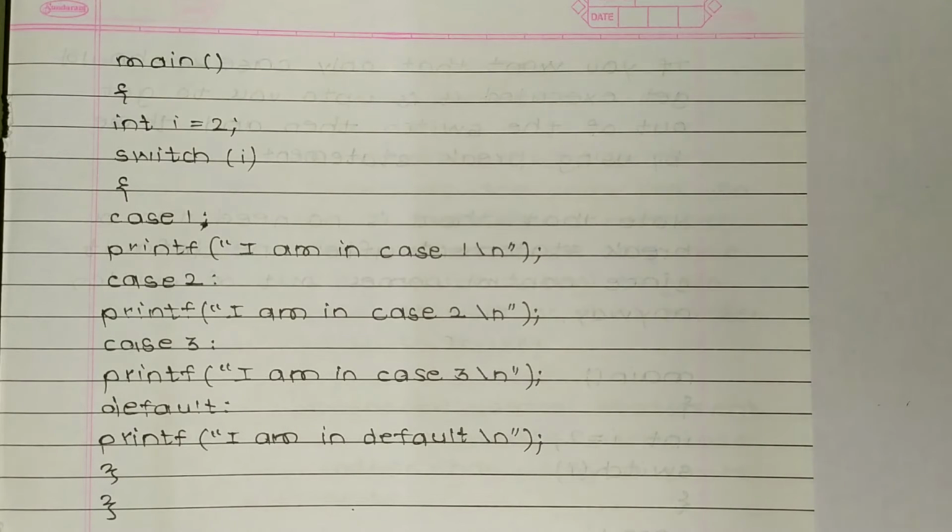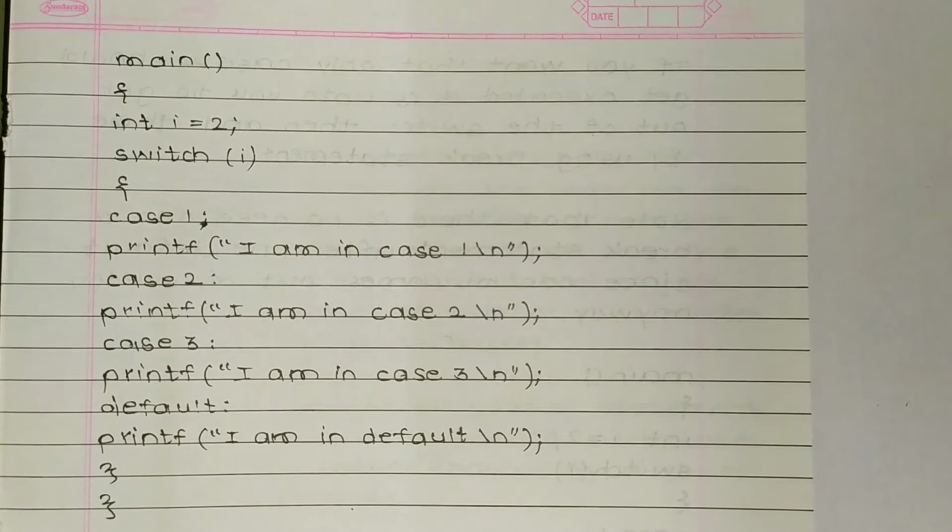I. Switch I means the condition of I is evaluated, so that is why it is written switch I. Now case 1, that is printf "I am in case 1", and slash n is for going to the next line. Now case 2, printf "I am in case 2" slash n, so it goes to the next line.